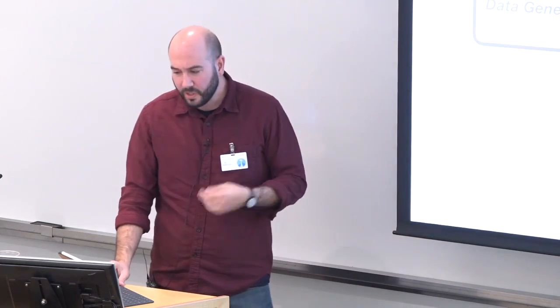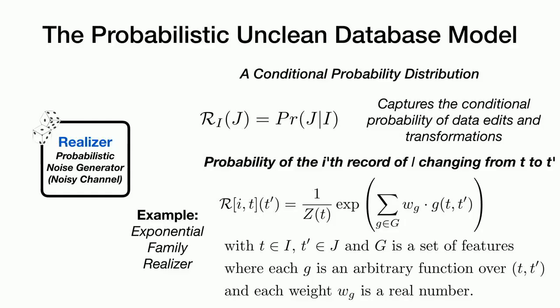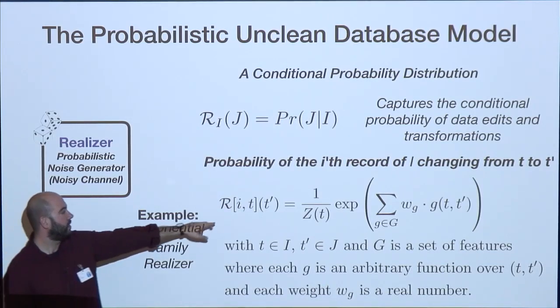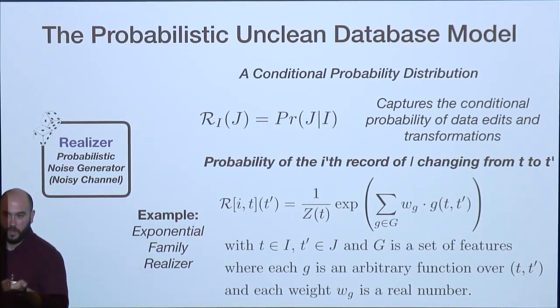So it's a kind of logical bias towards consistency. For my noisy channel, I assume, as I mentioned, a conditional probability distribution that operates over a clean instance of a database, and then what we really have is a distribution over the possible swaps.